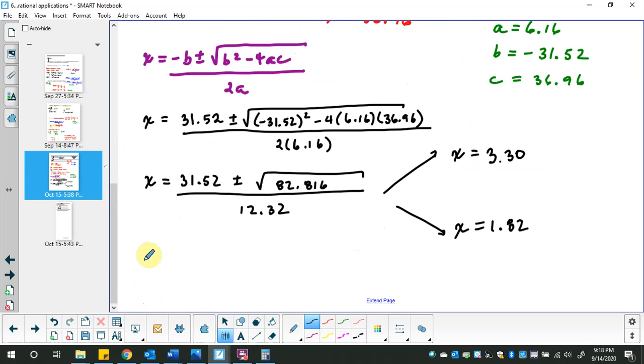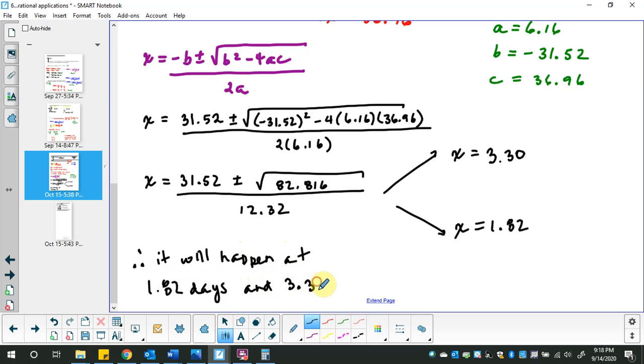So I can write, therefore, it will happen, kind of a little bit of a budget therefore statement, at 1.82 days and 3.30 days.